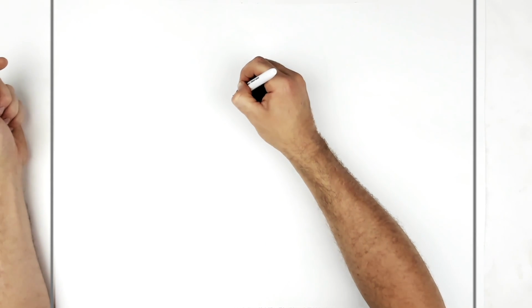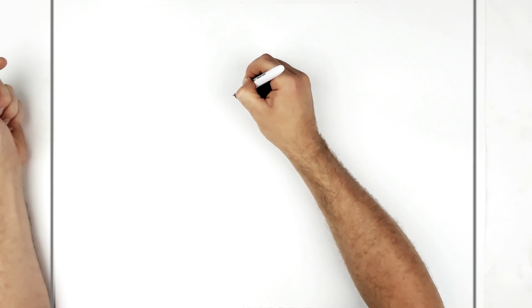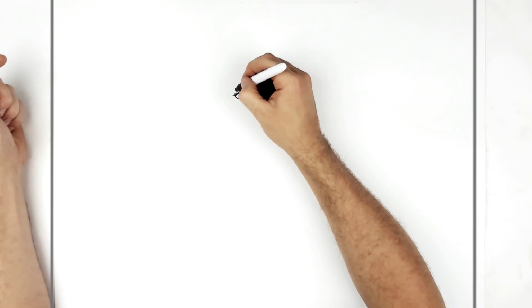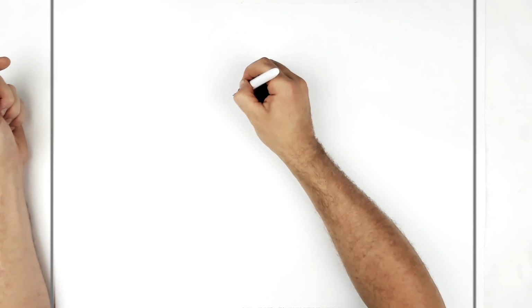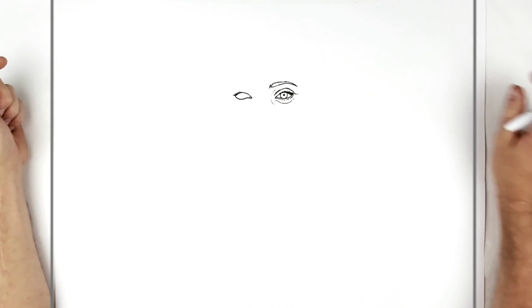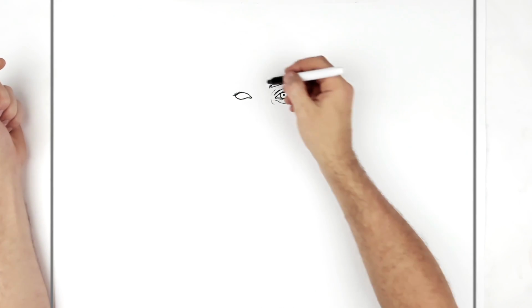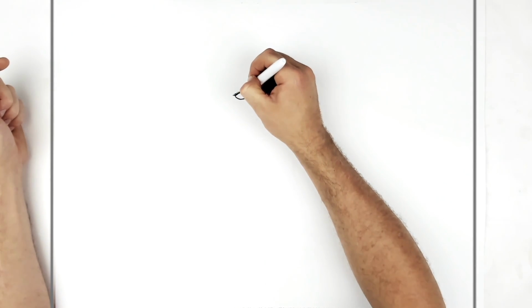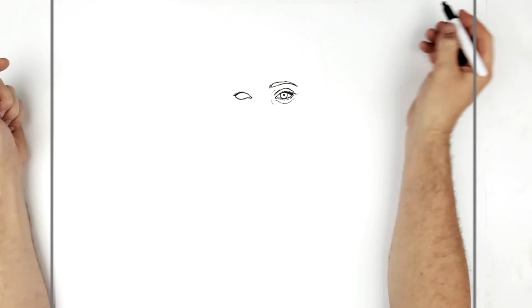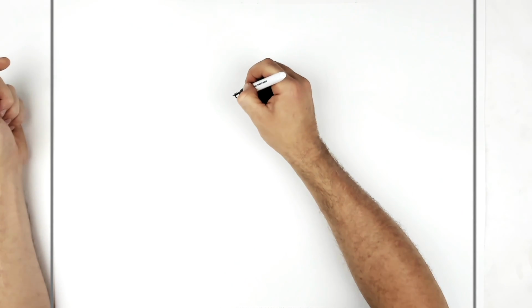Eyelashes. So just darkening up the top eyelid and adding some eyelashes to it. And then her iris and her pupil.